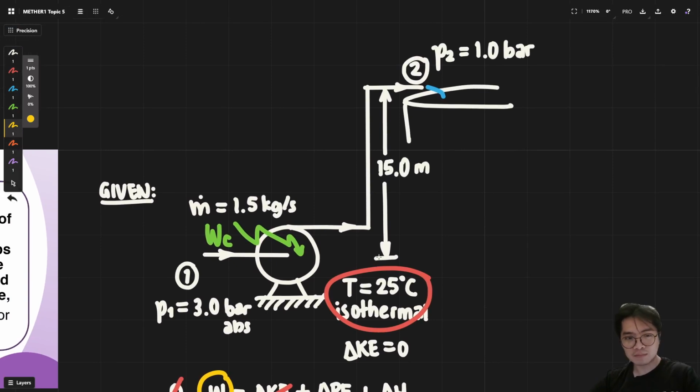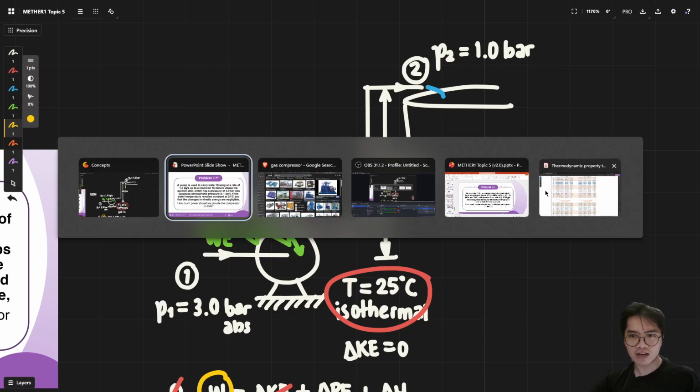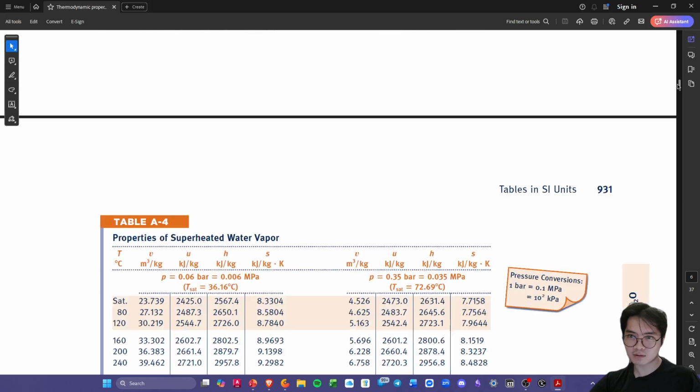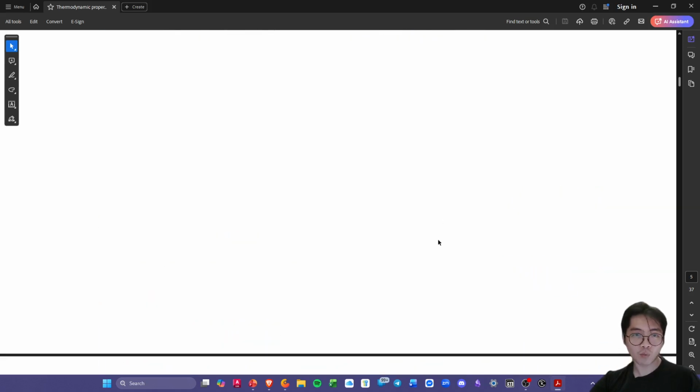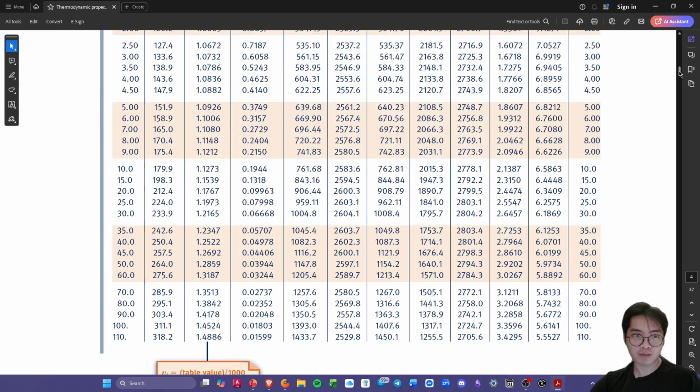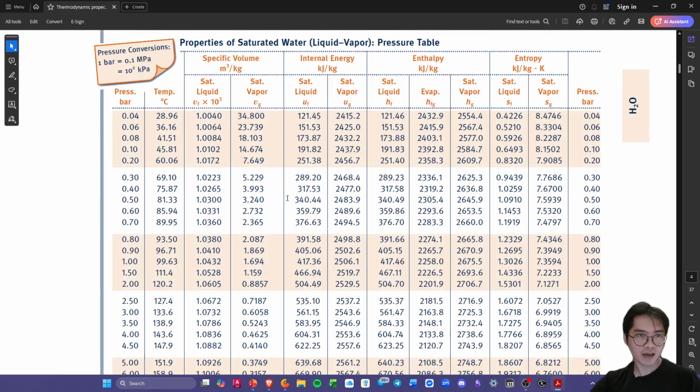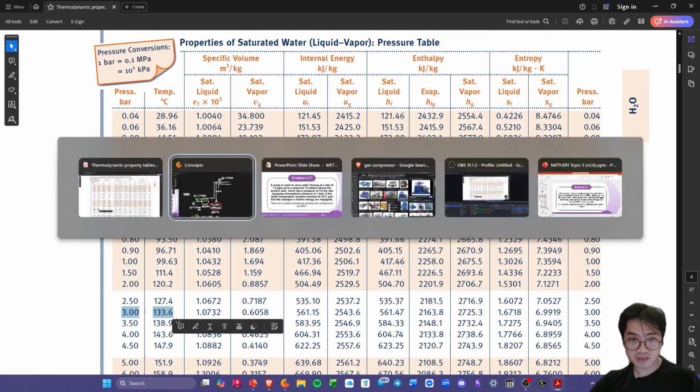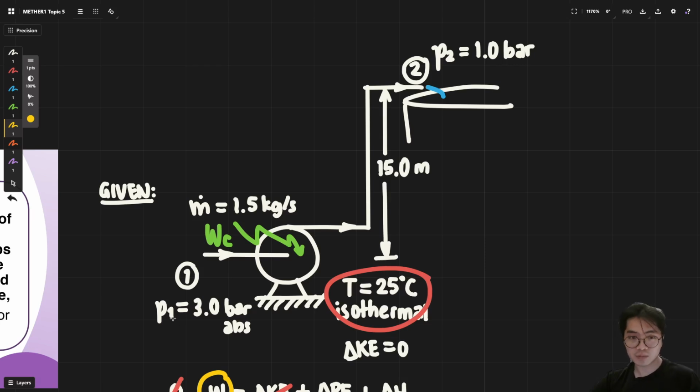Let's look at pressure 1, temperature 1. Pressure 1 is 3 bar, temperature 1 is 25 degrees Celsius. What do you think that is? If we're going to look at our thermodynamic property tables, if we look at our water, say for example at 3 bar, the saturation temperature is 133.6. This is much lower, which means this is a compressed liquid, state 1.